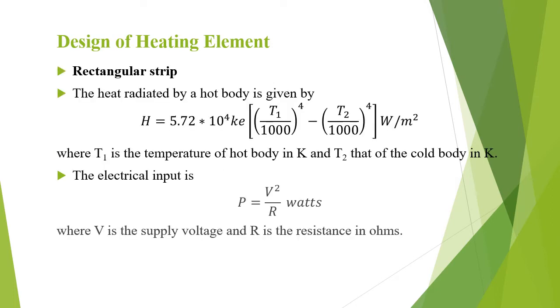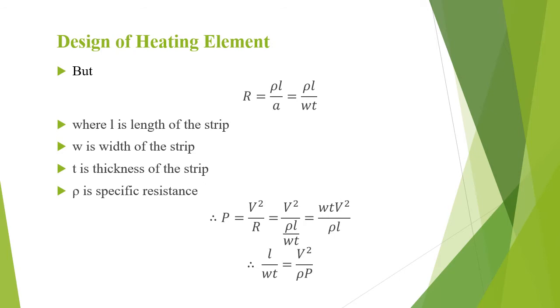Next is design of rectangular strip of heating element. So we have the H equation, that is 5.72 into 10 to the power 4 Ke (T1 by 1000 to the power 4 minus T2 by 1000 to the power 4) in watt per meter square, and the electrical input P is V square by R in watts. And we have the resistance equation R equal to rho L by A, that is equal to rho L by WT.